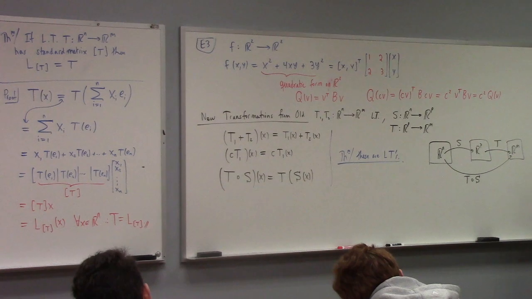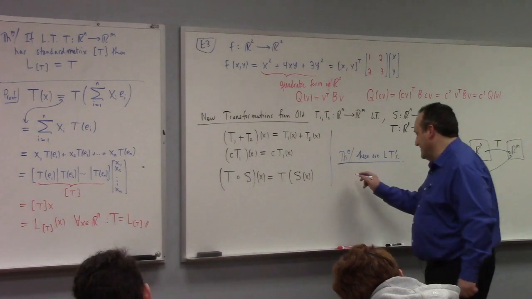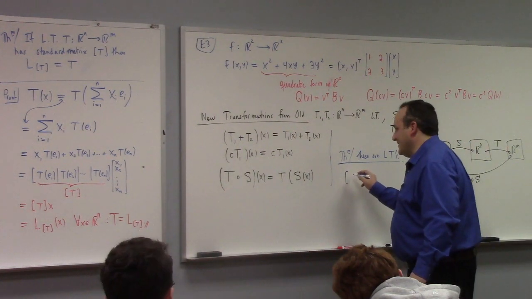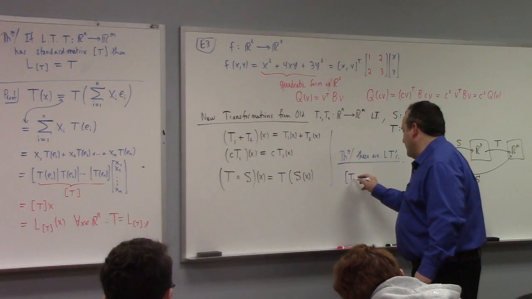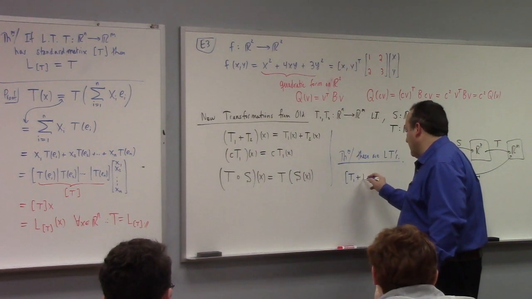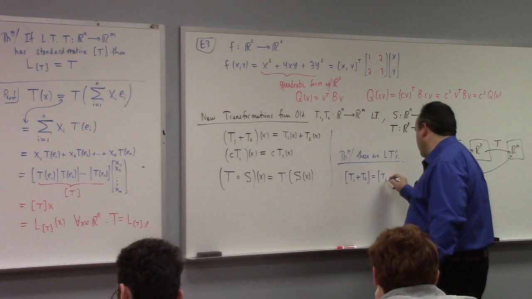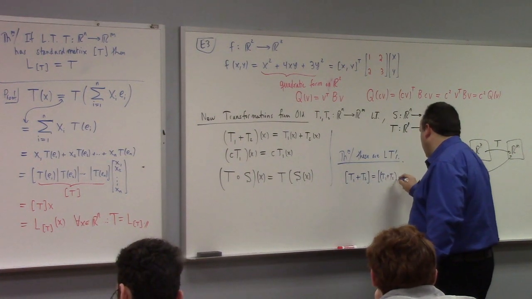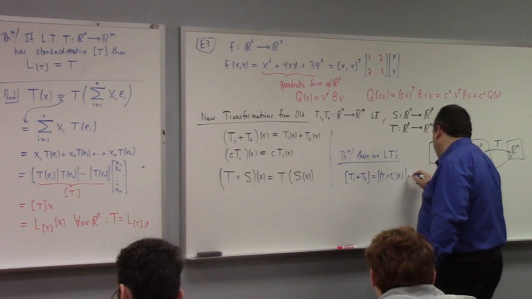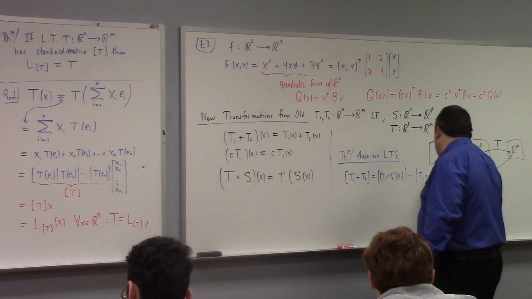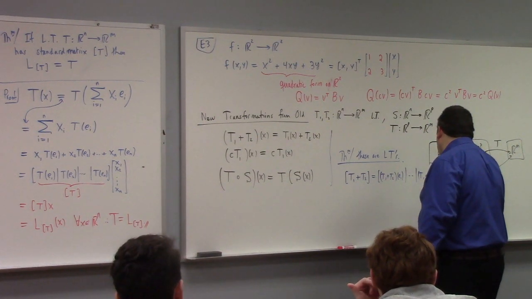What do you think the standard matrix of T1 plus T2 is? What would be the standard matrix of T1 plus T2? I'll work that one out. It's rather silly. We do (T1 plus T2) of e1, through (T1 plus T2) of en. So how's that go?